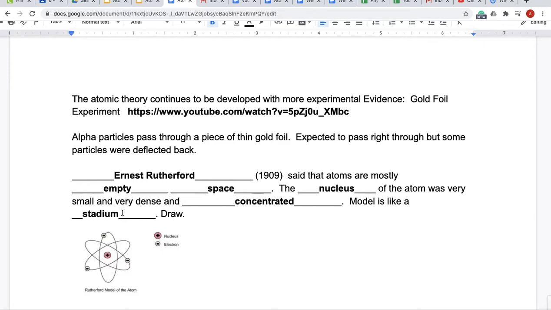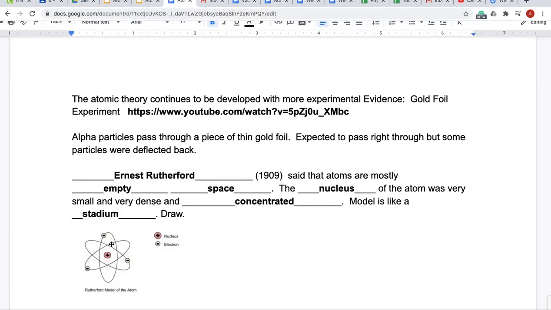And then think of how small that penny is in the middle of the stadium. And then think of how big the stadium is with all of the fans around it and all of the seats and just how massive that is. That penny would be the same proportion of size to the nucleus as the stadium is to the whole atom.